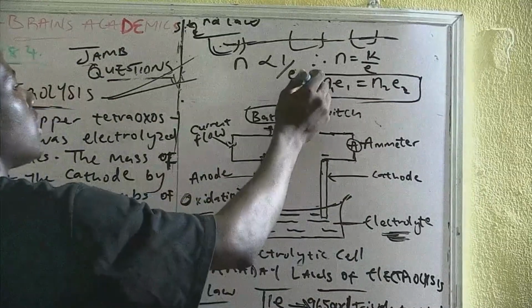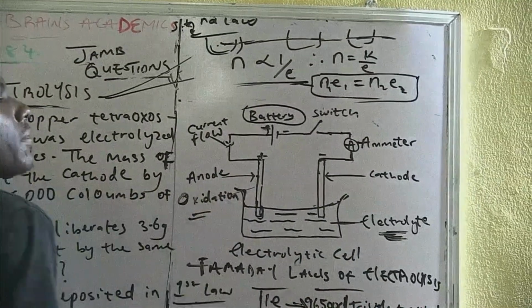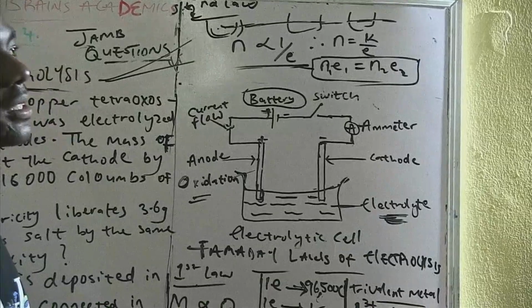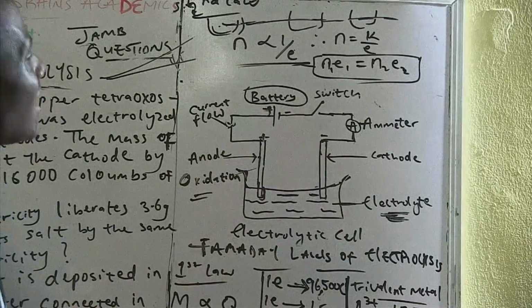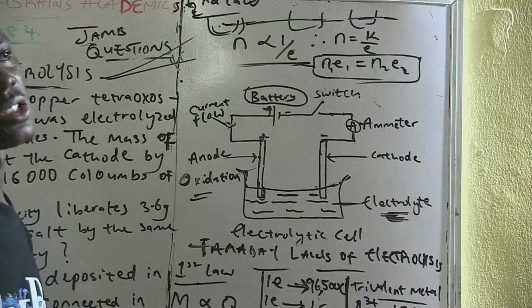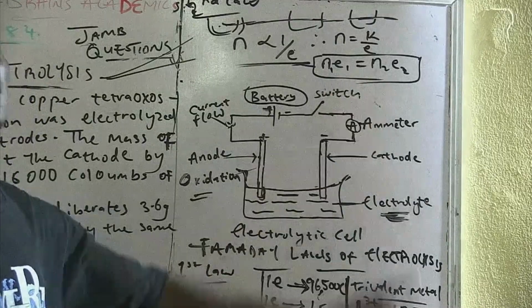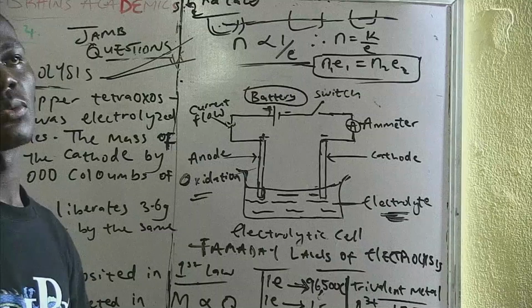So this is Faraday's second law of electrolysis. Very, very simple. N is the number of moles, and E is the charge.